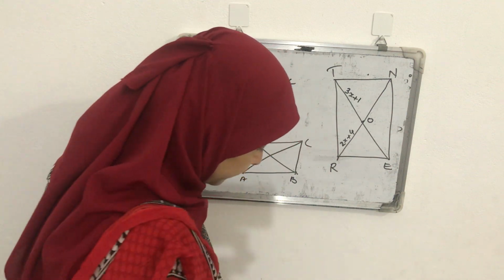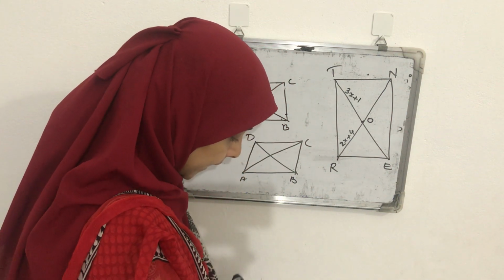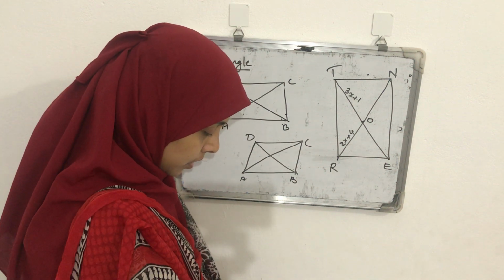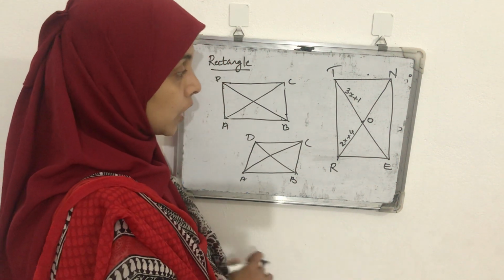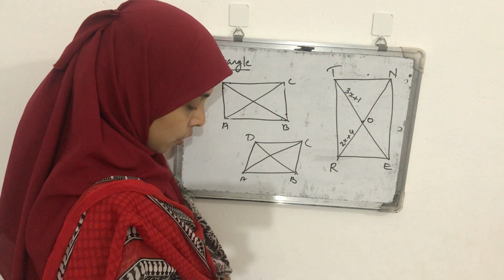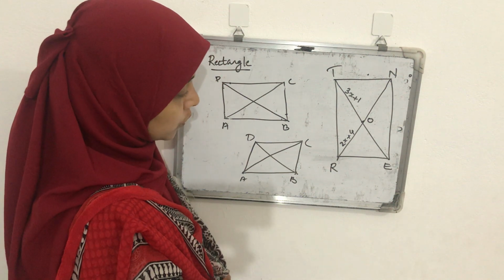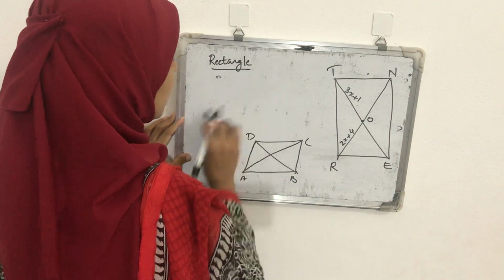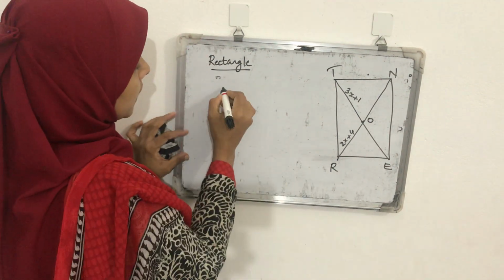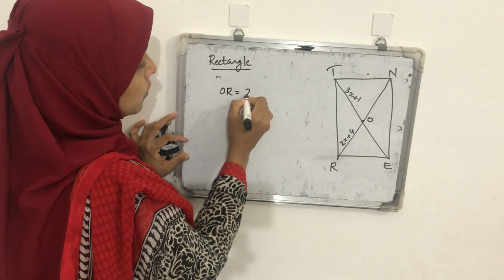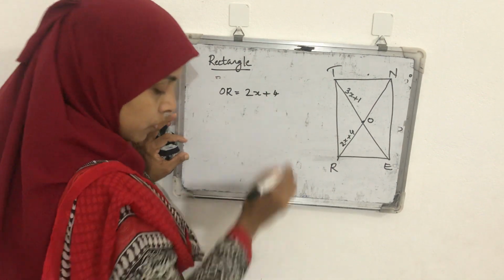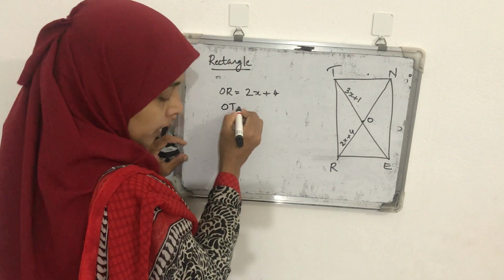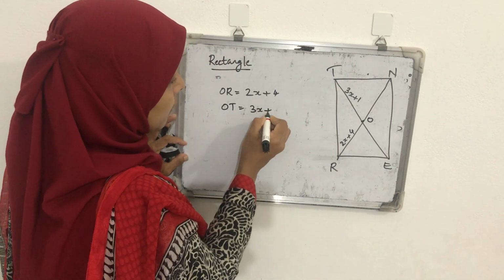The question is: RENT is a rectangle, its diagonals meet at O, find the value of x if OR is equal to 2x plus 4. The length OR is 2x plus 4 and OT is 3x plus 1.